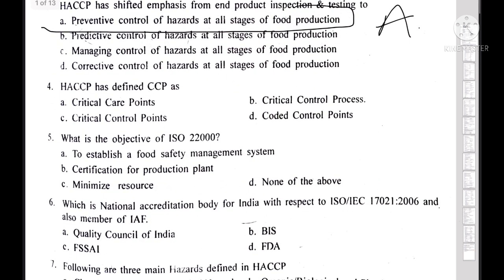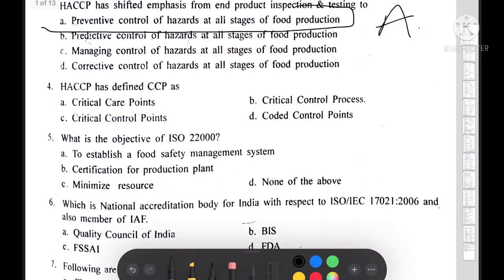Now, HACCP has defined CCP as. The options are: critical care point, critical control process, critical control point, or coded control points. The correct answer is that HACCP has defined the CCP as critical control points.